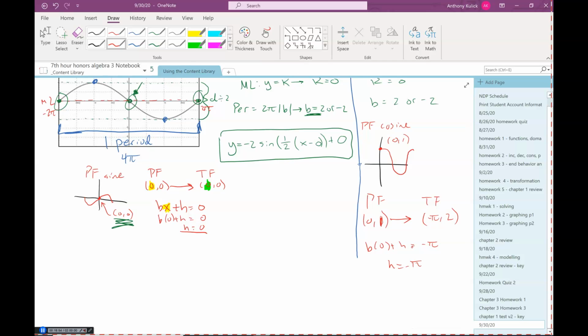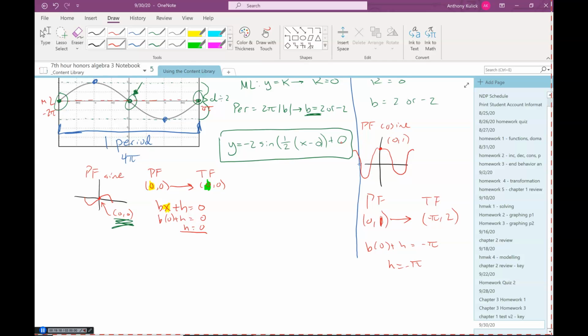We have one more decision that we need to make before we can write our final answer. We still need to decide on the sign for b. But here's the thing. If I look at the parent function for cosine, it kind of looks like this, right? If I reflect that across the y-axis, does it change anything?